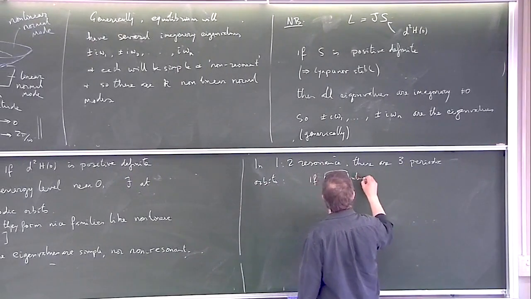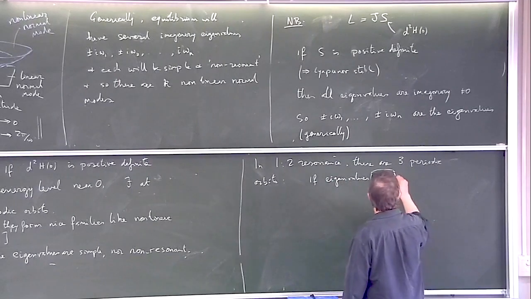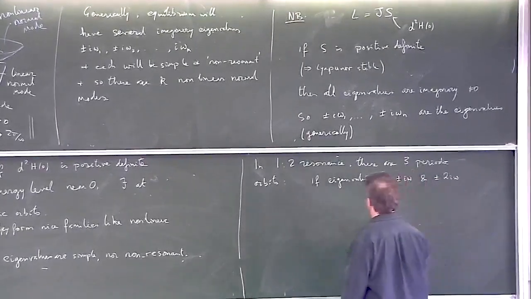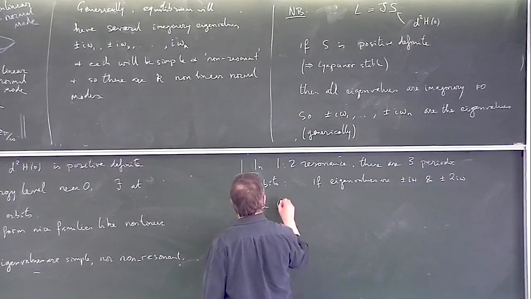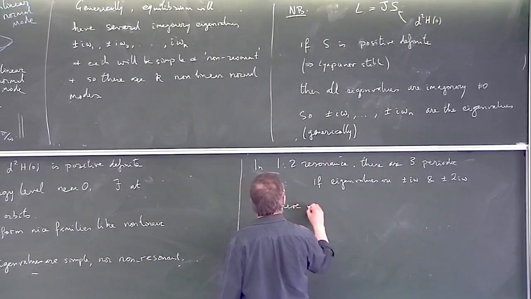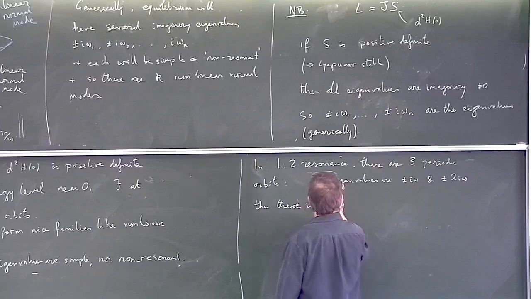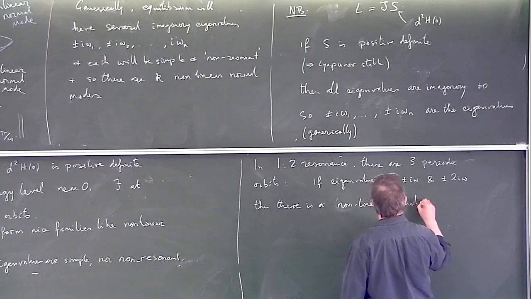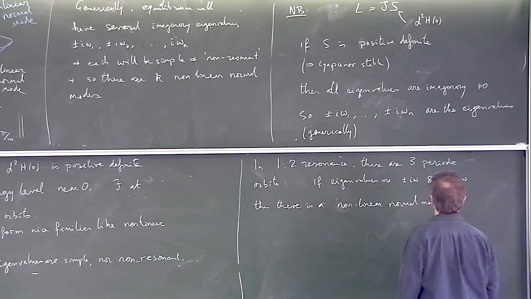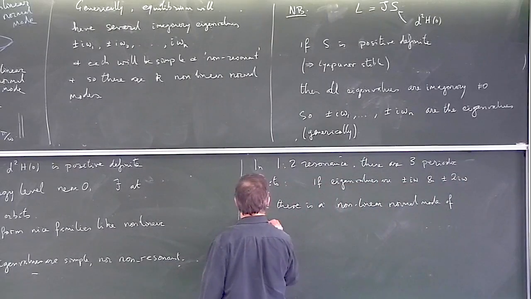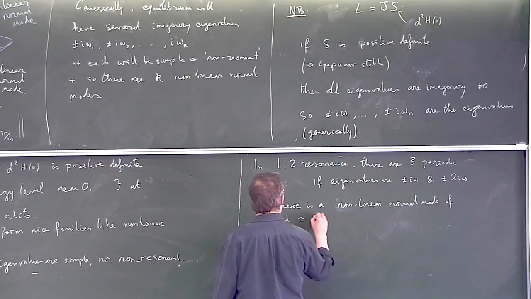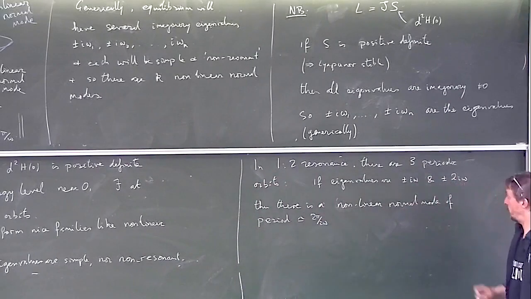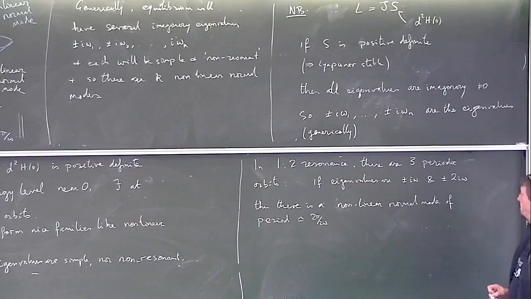This means if the eigenvalues are plus or minus I omega and plus or minus 2I omega, then there is a nonlinear normal mode of period 2 pi over 2 omega, for this one, because there are no multiples of this.